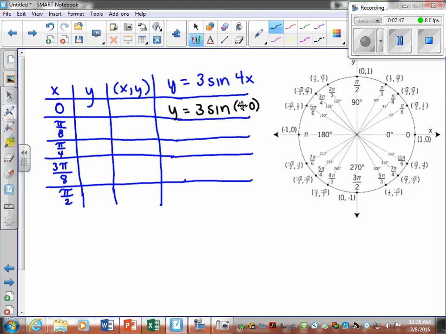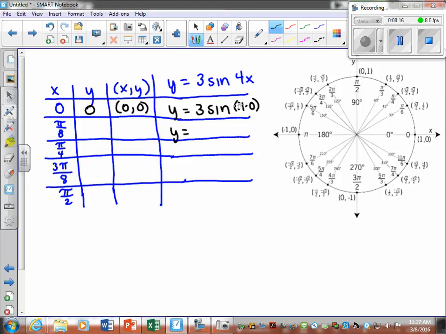And then what is the sine of 0? So go to your unit circle, find 0. What's the sine at 0? Sine is the y value. So sine is 0. Good. That means sine of this is 0. What's 0 times 3? 0. So our ordered pair is 0, 0.